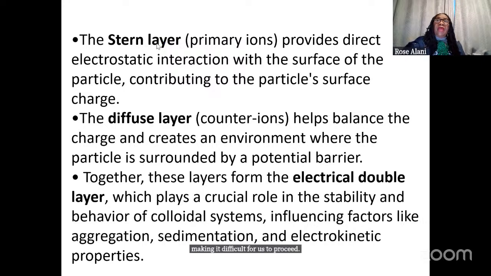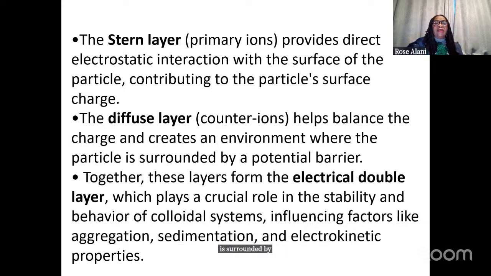So the primary ions we're talking of in the scheme of what I just showed you is otherwise called the Stern layer. It provides direct electrostatic interaction with the surface of the particle, contributing to particle surface charge. And the other one, the diffuse layer, the counter ion, helps to balance the charge and create environments where the particle is surrounded by a potential barrier.